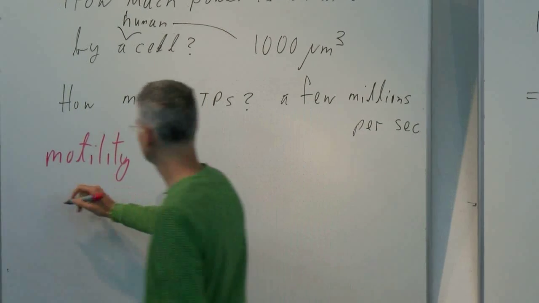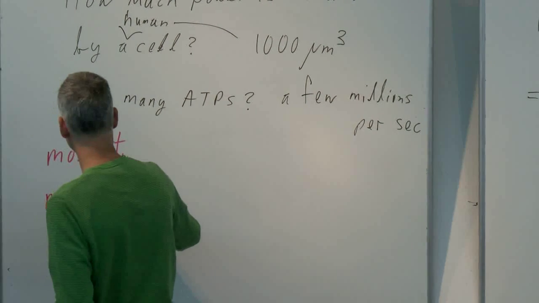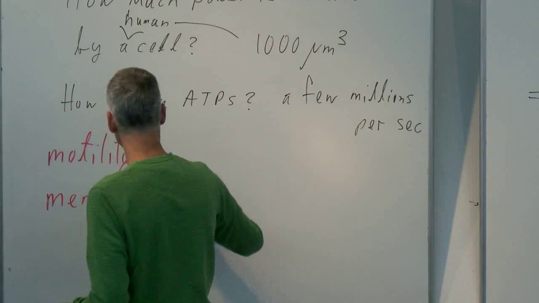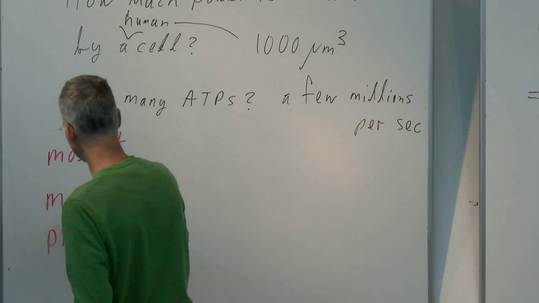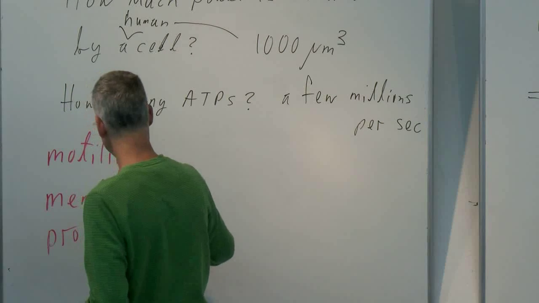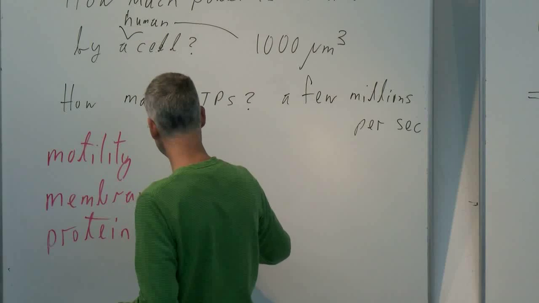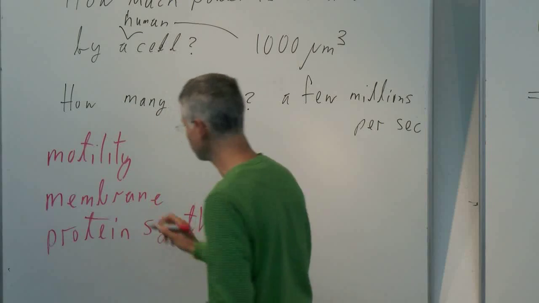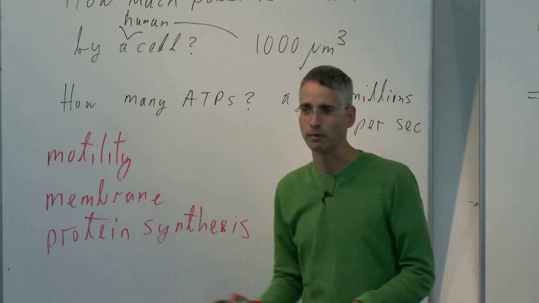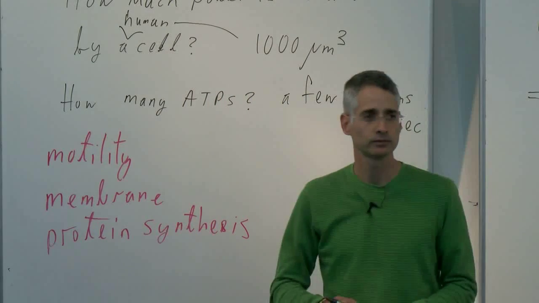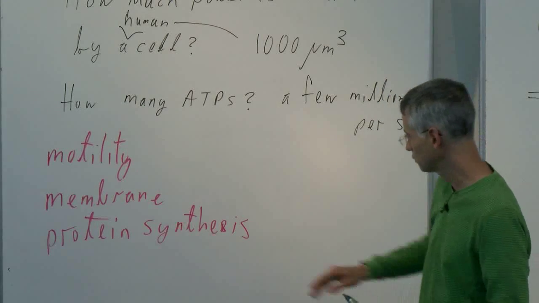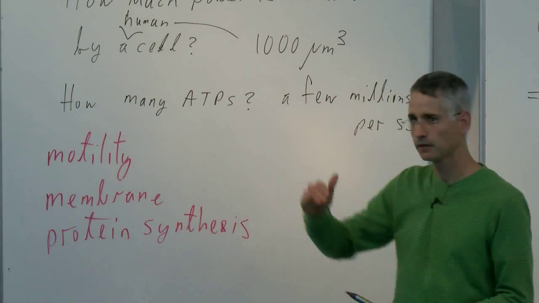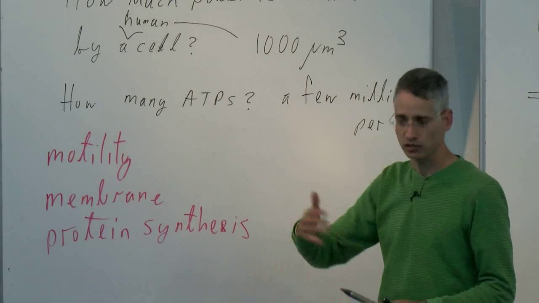Membrane potential. Protein synthesis. Membrane integrity. So membrane, all sorts of things related to the membrane. Okay, so that's usually also happening on the membrane. Okay, so these are a few of the processes, and there's some others.